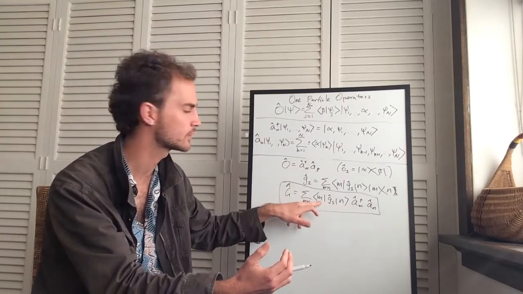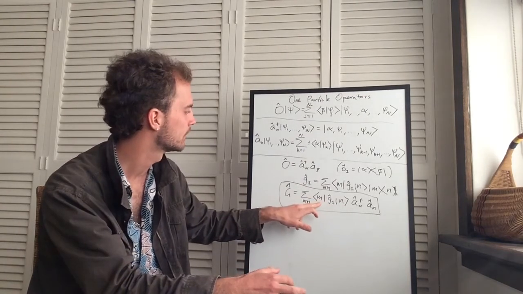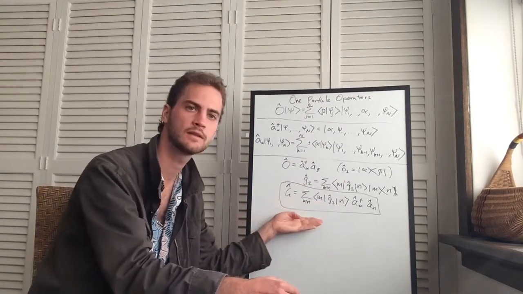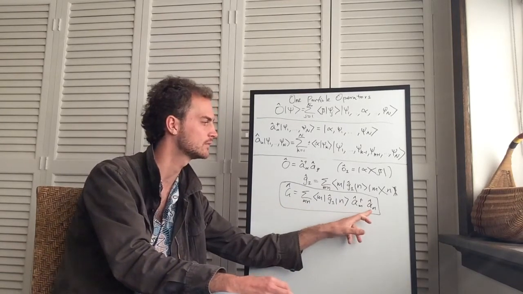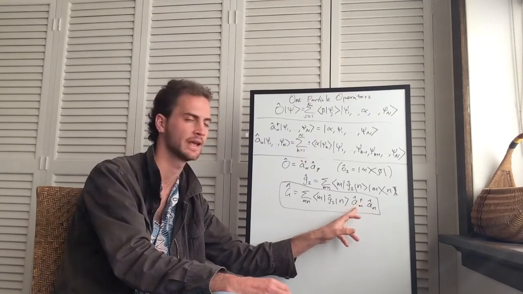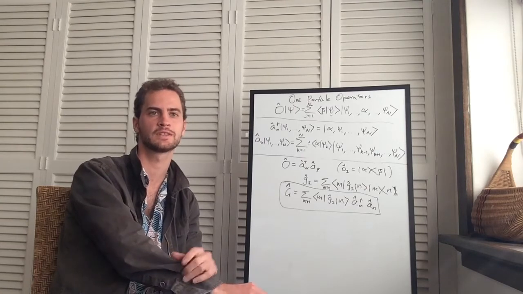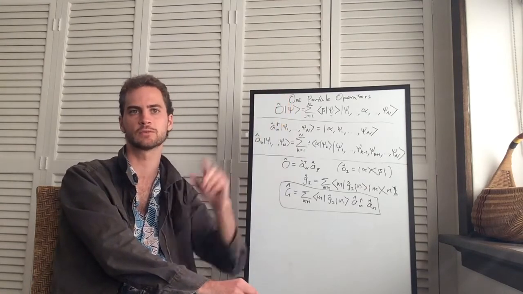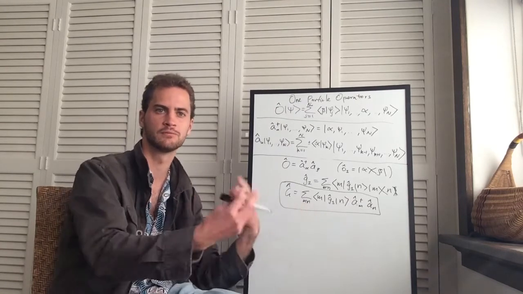So we've got this discrete m, n basis. We've got some coefficients, and we've just got annihilating an n and creating an m. So cool, we've successfully represented any general single particle operator in this form and shown the steps of how to get there.